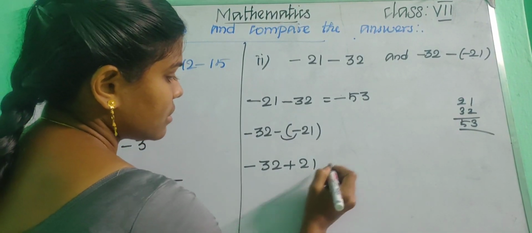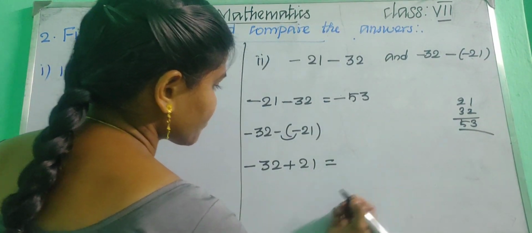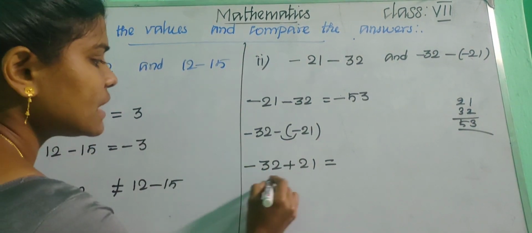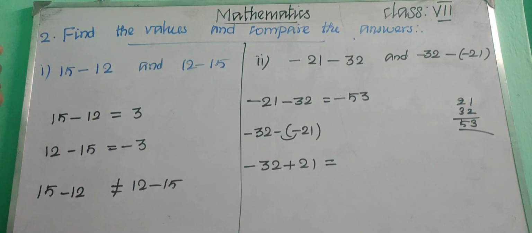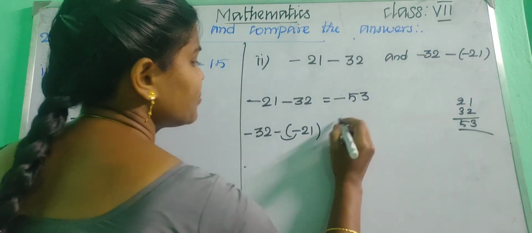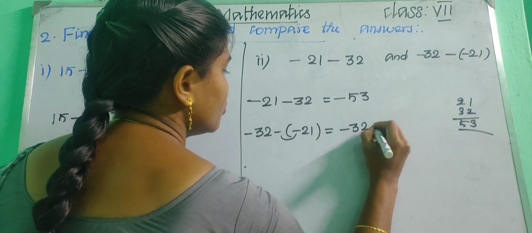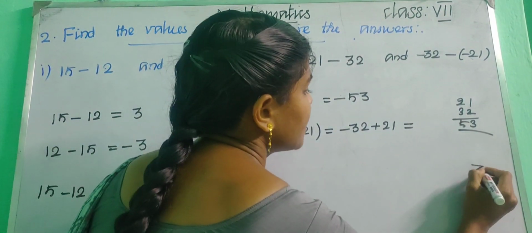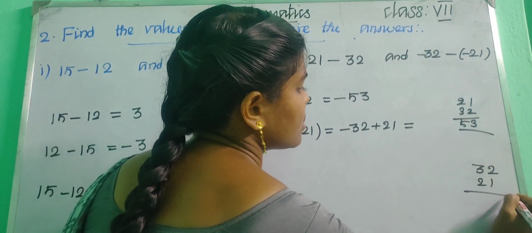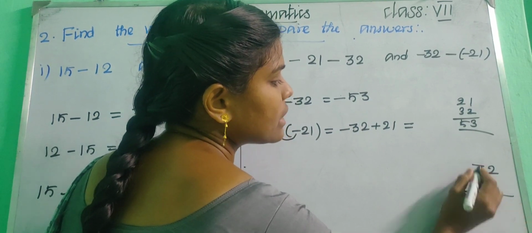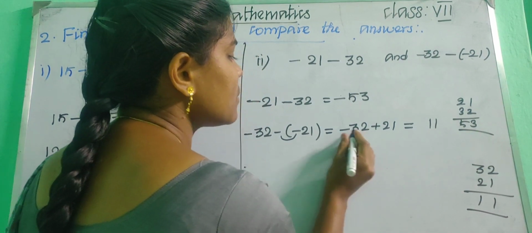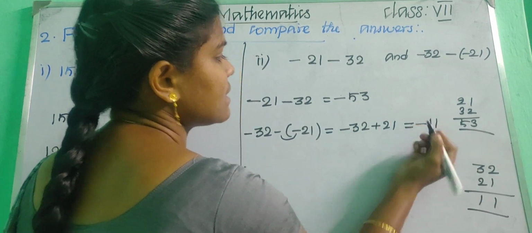We are having different signs, so we need to subtract and put the greater number's sign. Subtract it: 32 minus 21. 2 minus 1 is 1, 3 minus 2 is 1, so the answer is 11. The greater number's sign is minus, so minus 11 is the answer.